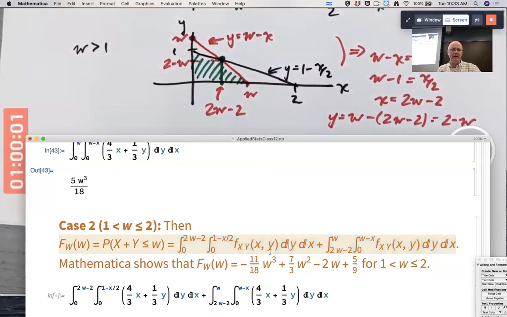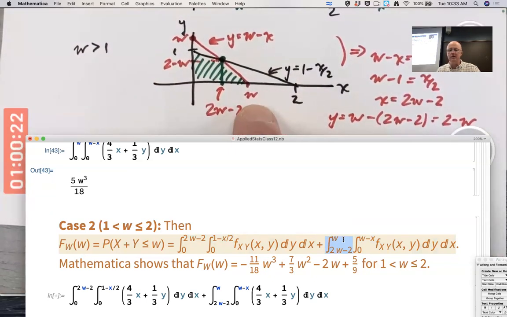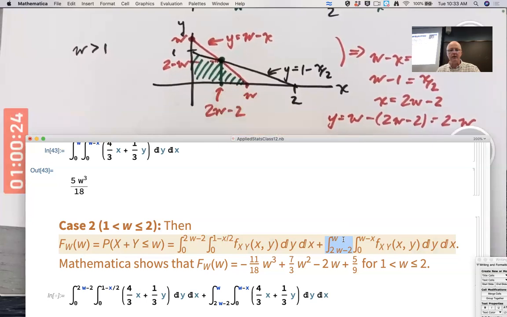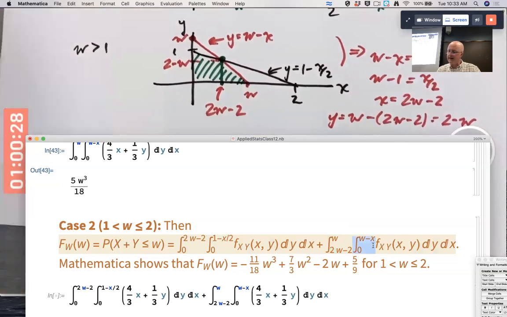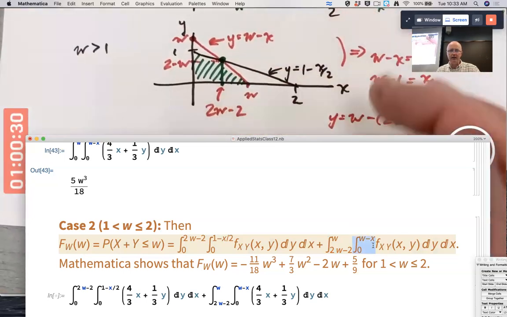Notice with the first one, X is going from 0 to 2W minus 2. And Y goes from 0 to 1 minus X over 2, which is the black line. And for the second one, X goes from 2W minus 2 up to, excuse me, up to W. I'm integrating over this triangle here. And Y goes from 0 up to W minus X, which is the equation of the red line.